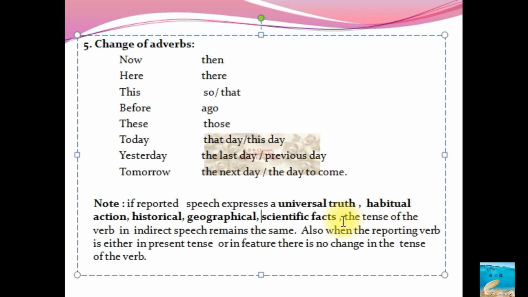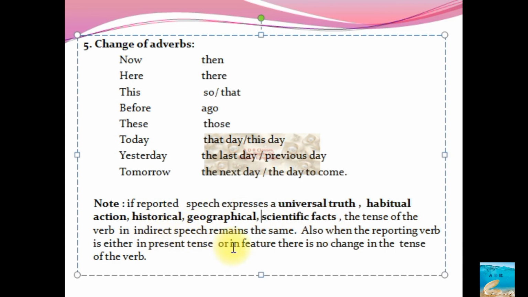Wherever the fact is applied, you are supposed to use present tense. The tense of the verb in indirect speech remains the same. Suppose it is universal truth, habitual action, historical, geographical, or scientific facts, the tense of the verb from direct to indirect speech remains the same.